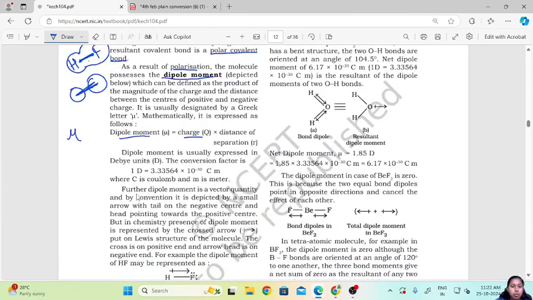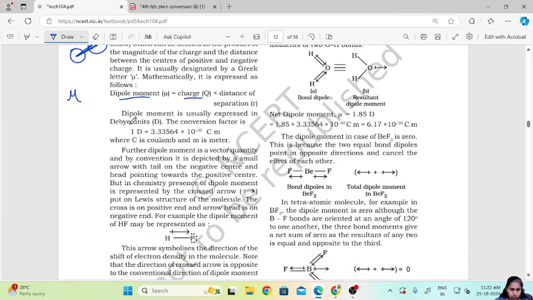Dipole moment is usually expressed in debye units, with the unit symbol D. The conversion factor is 1 D equal to 3.33564 into 10 raised to minus 30 coulomb meter. C stands for coulomb, M stands for meter. Why coulomb meter? The unit of charge is coulomb and the distance is in meter.